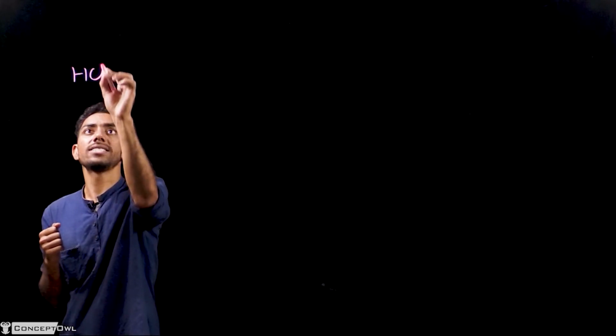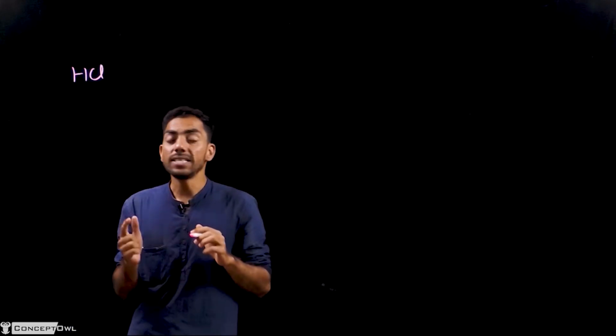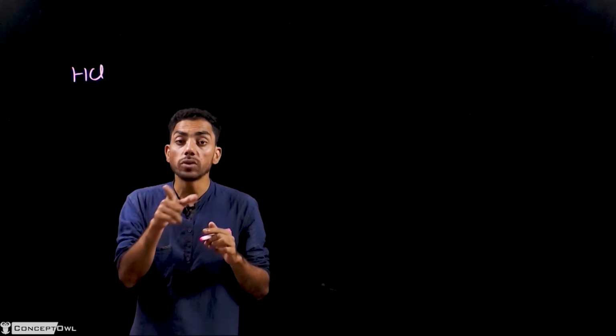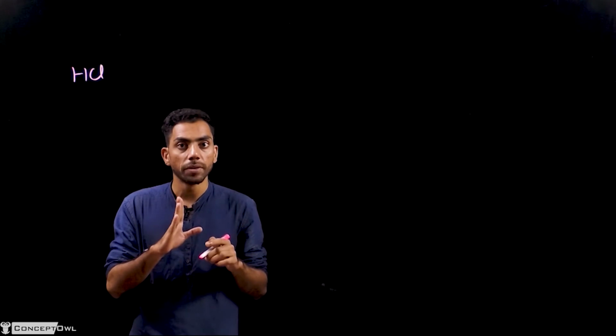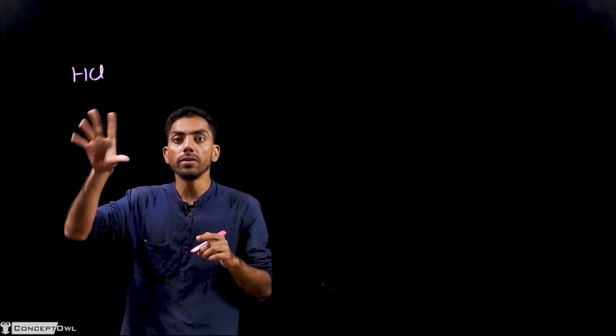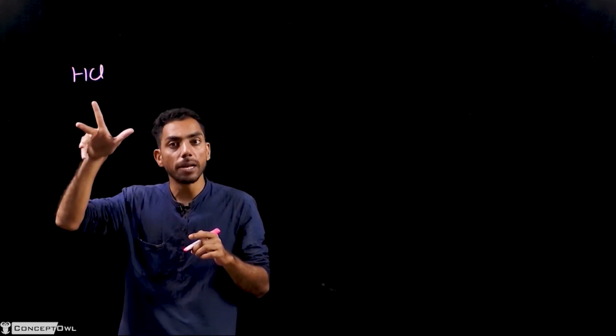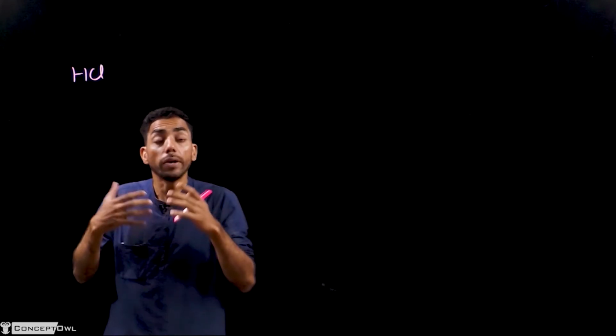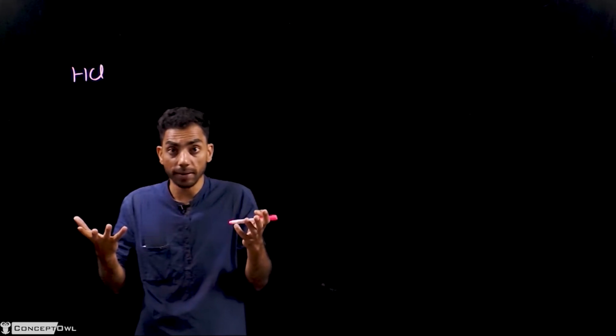So if you have HCl, HCl is an acid because it produces H positive ion in water. Now if you don't have water, if we have just HCl, then this HCl won't produce H positive ion. It won't break into H positive ion and Cl negative ion itself. We need water here.